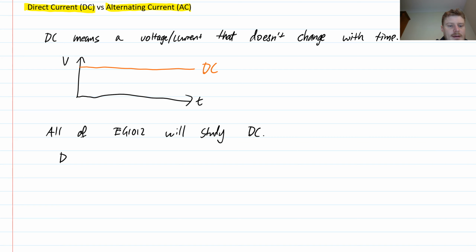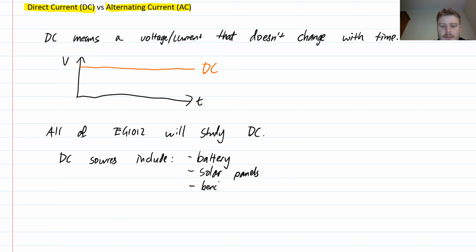DC sources include batteries. A battery produces a direct current, so a battery is kind of like a voltage source. The DC sources include batteries, solar panels, the bench supplies that we will use in most of our pracs. So these things all supply DC, direct current.